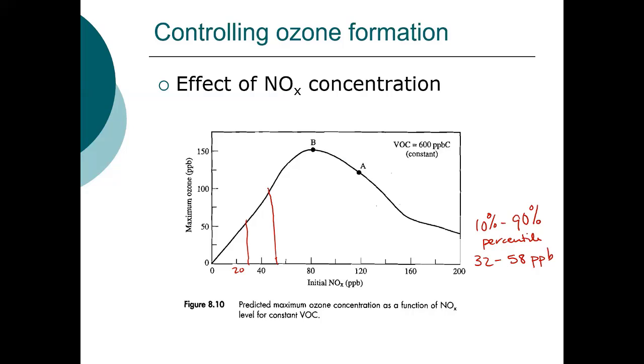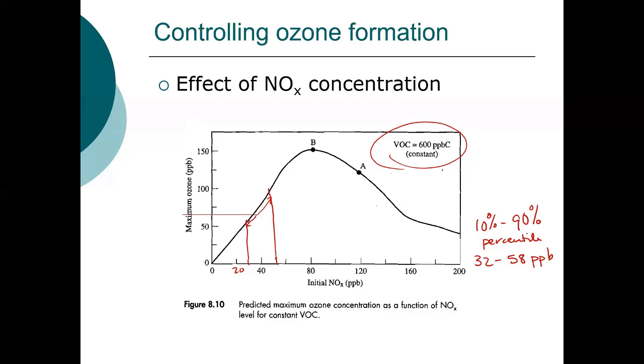And notice here, if we decrease the NOx concentration, we see a decrease in ozone. If we increase it, we see an increase here. On the other hand, this is for a VOC concentration of 600 parts per billion, and this is high. This would be quite a contaminated urban environment. These levels, for instance, have been measured in areas around petroleum refineries.